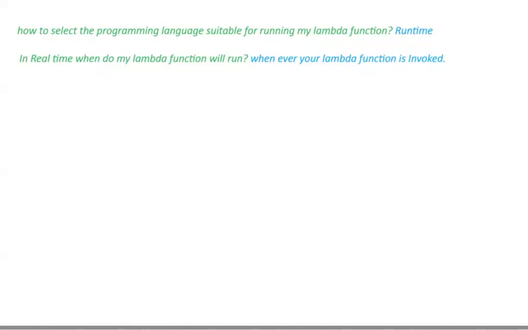In real time, when will my Lambda function run? Whenever that Lambda function is invoked, at that moment of time, that Lambda function will run, right? In general, we execute the code to analyze the result for certain inputs, right? So to run this Lambda function, do I need to provide input? Yes.